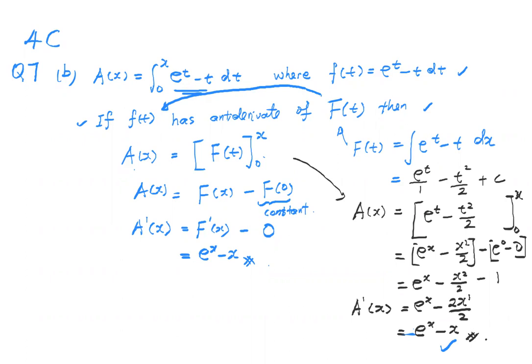So when you differentiate a constant, this is the concept that you have to remember. d/dx of a constant, you get 0. Okay?